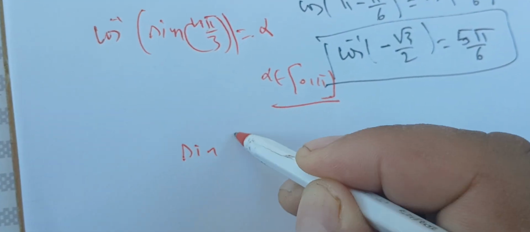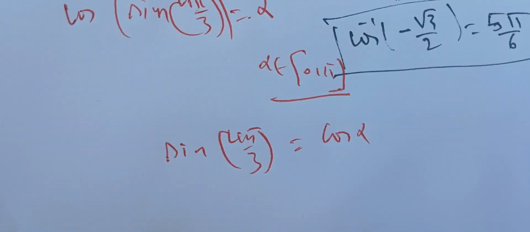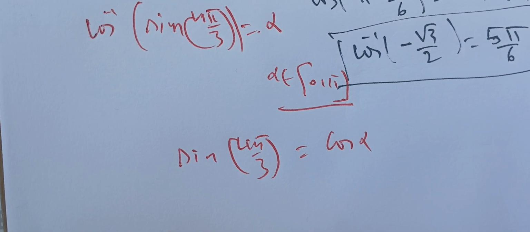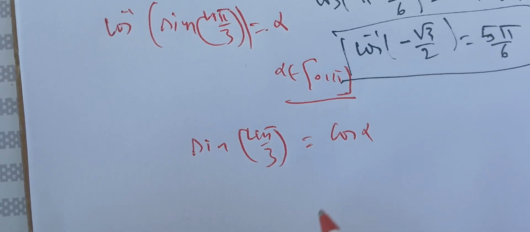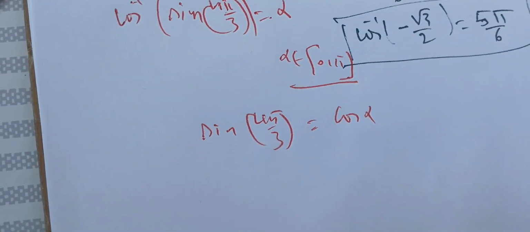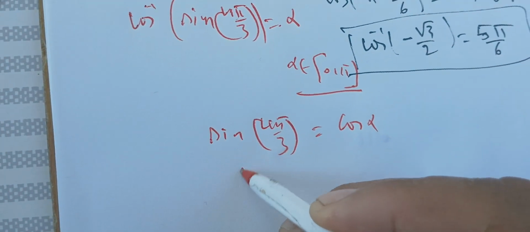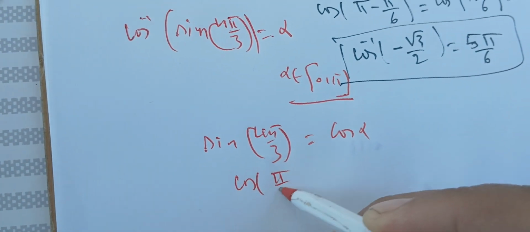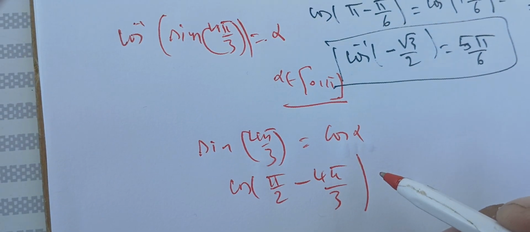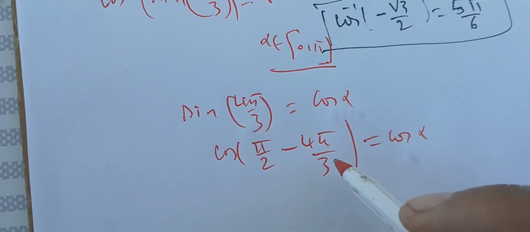Therefore we have sine of 4 pi over 3 is equal to cosine alpha. To solve this equation, we need to have the cosine here. And this happens when the cosine of pi over 2 minus 4 pi over 3 is equal to cosine alpha.